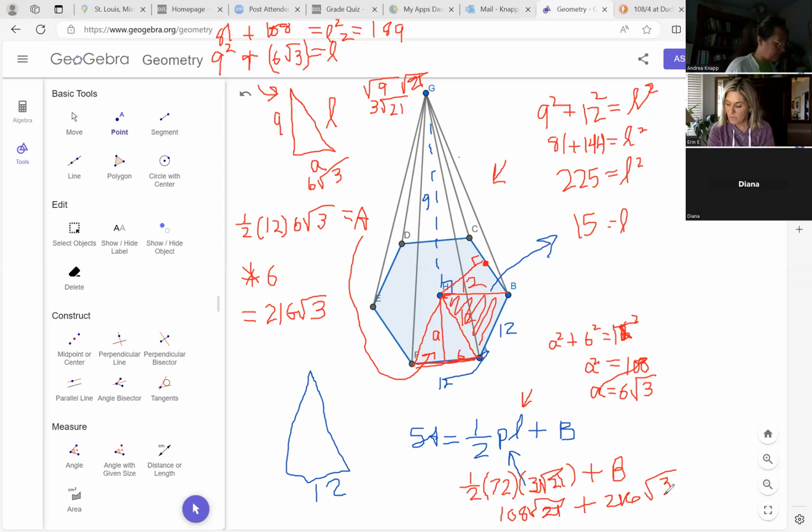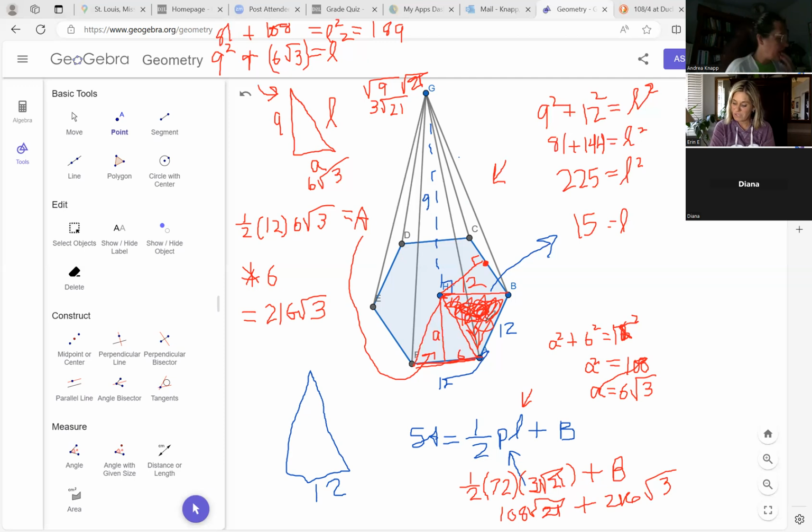I found one, but wait, I thought I had it: base times height divided by 2. Well, that's to find the area of this triangular piece here that I'm coloring in. We did that and we took it times 6. But was it Diana?